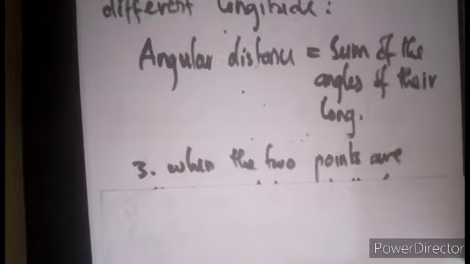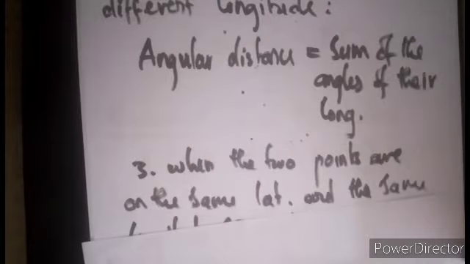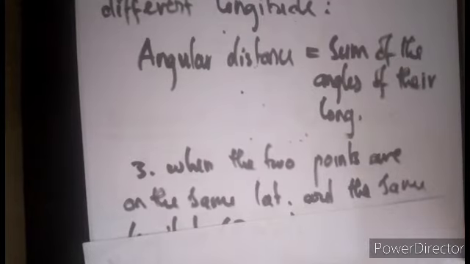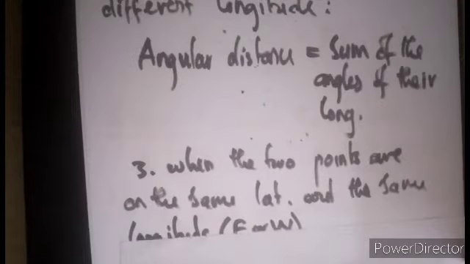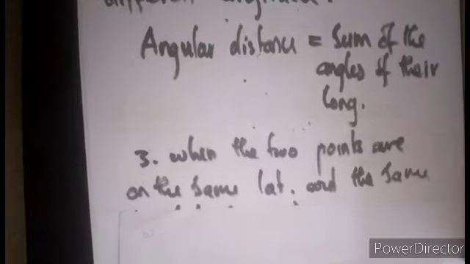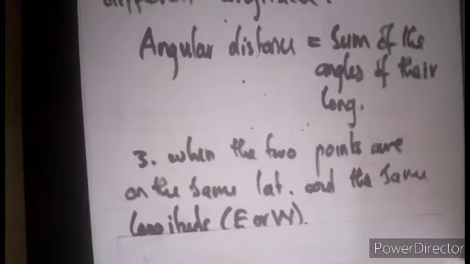The third case is when the 2 points are on the same latitude and the same longitude. Let's say the 2 points are on the northern latitude, and the 2 points are also on the eastern longitude.